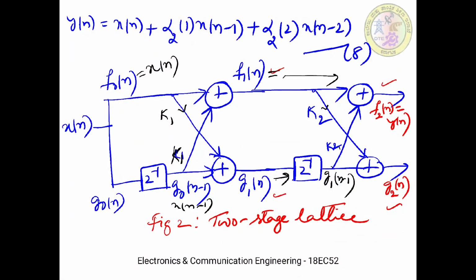I think this is equation 8. Okay, so this equation 8 represents the second order lattice structure, the FIR system equation. So now you can compare equation 8 with the equation we have just derived, that is 13, because what we can compare here are the coefficients of x of n minus 1 and x of n minus 2.